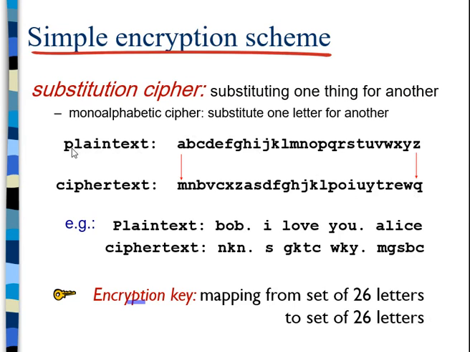Hence, using this kind of monoalphabetic substitution cipher, this plain text, Bob, I love you, Alice, gives the cipher text that you can see here. Okay. Hence, you can see that this method relies on the secrecy of the key.